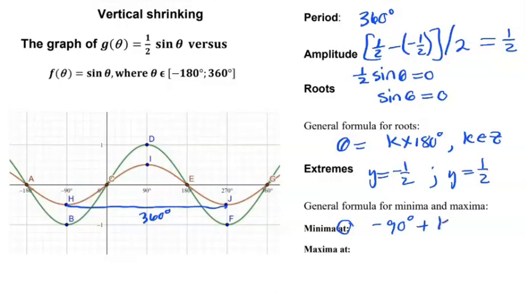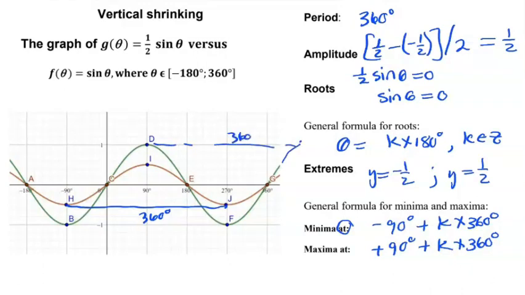So it's plus k times 360 degrees. And the maximum is at plus 90 degrees plus k times 360 degrees, which we can't see now on the graph, but the next one will be here somewhere. So that part there will be 360 degrees.